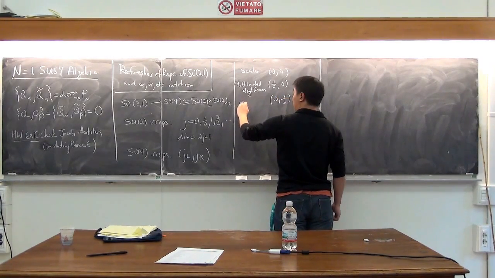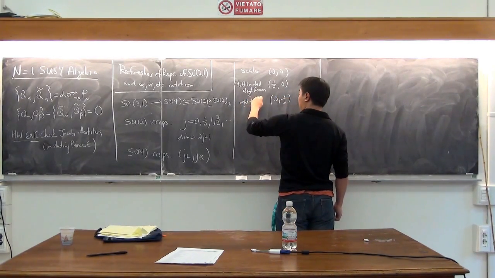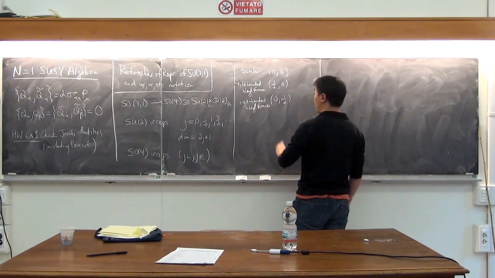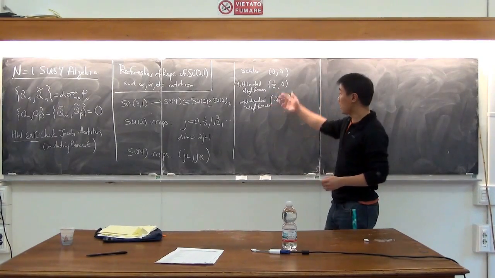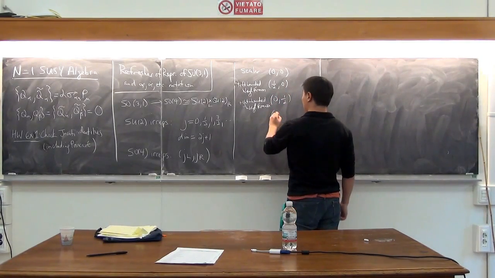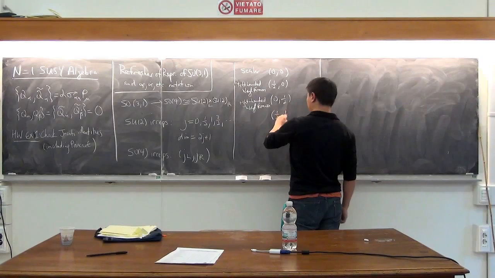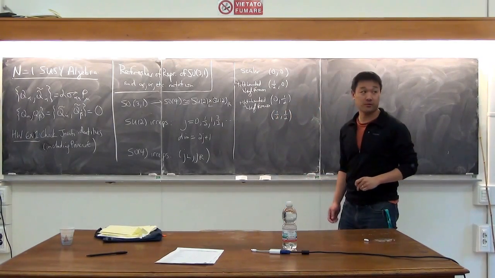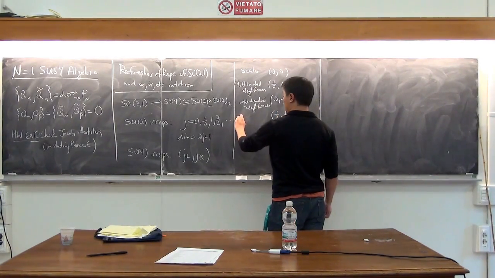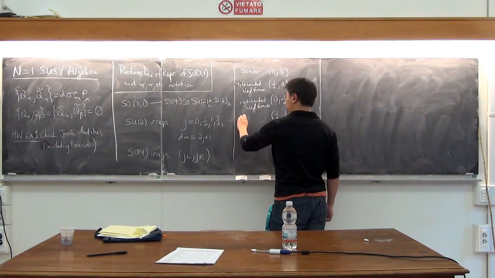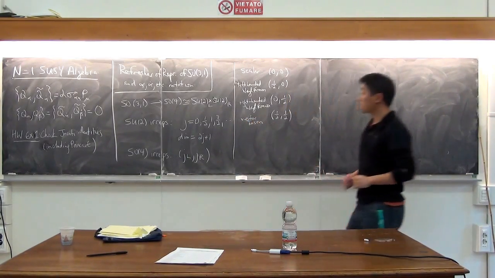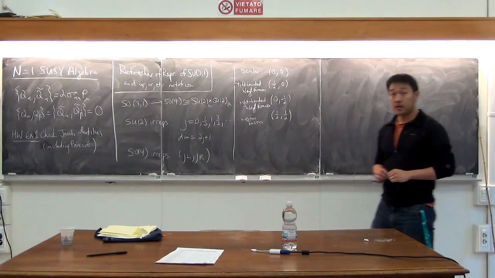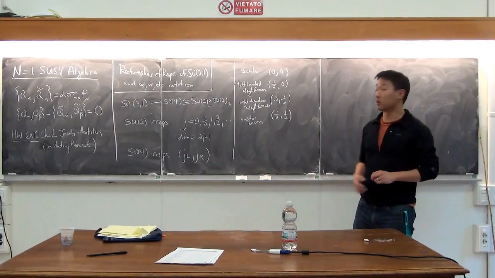This is a right-handed Weyl fermion. You can check the dimensions. And then (1/2, 1/2), as we said last lecture, this is a vector. And we usually stop with that.